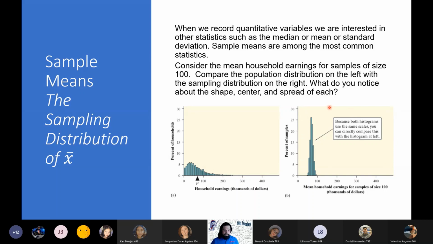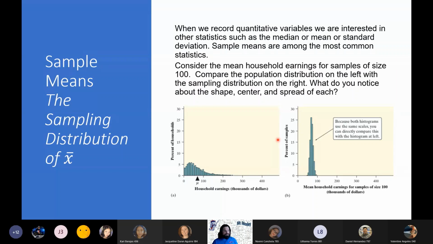Our sampling distribution, however, that is just tracking the mean of samples of size 100, is also centered at about 75 or 80,000, much less varied, ranging from like 50 to almost 100,000, it looks like. Much more normal and much taller. But because both these histograms use the same scales, we can compare them very easily.